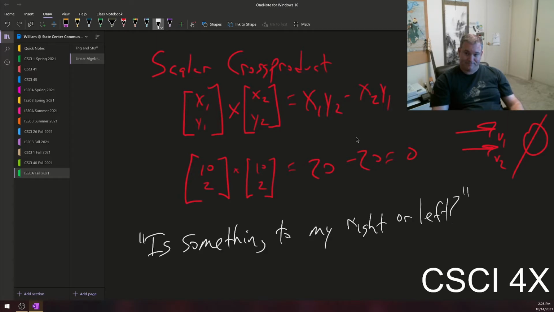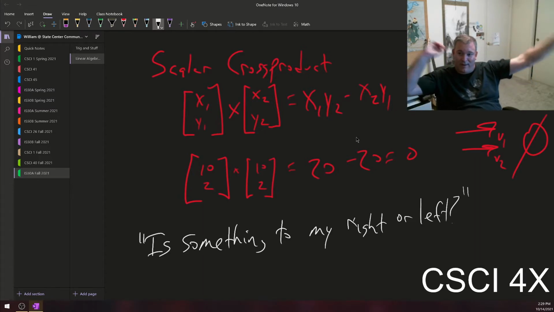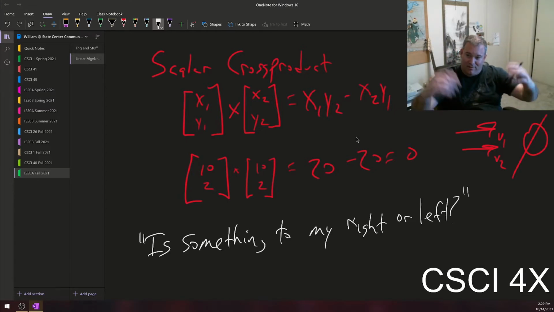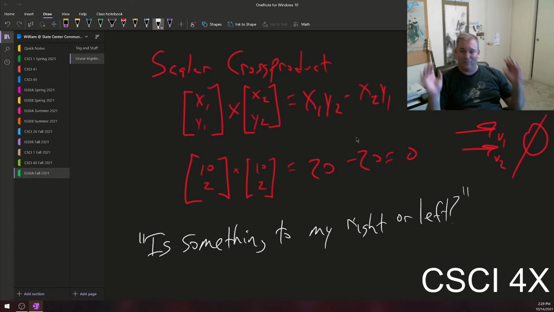So let's say that we've got a car driving towards a pedestrian. The pedestrian needs to know, should I jump to my right or should I jump to my left? Right? Cross product. Dot product doesn't help you. Dot product will give you 0 for either to the right or the left. It doesn't help you determine which way you should go.